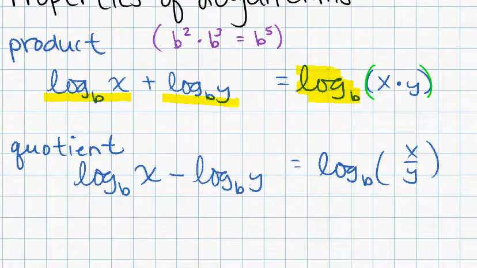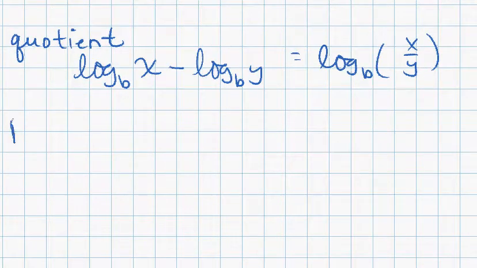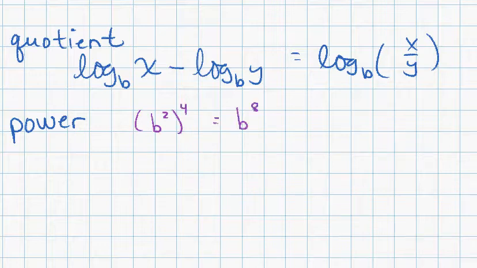And so the last one is the power property. And when you have powers of powers, what do you do? Like b squared to the fourth. That becomes b to the eighth because you multiply. And since a logarithm is an exponent, you're going to change it into a multiplication problem.